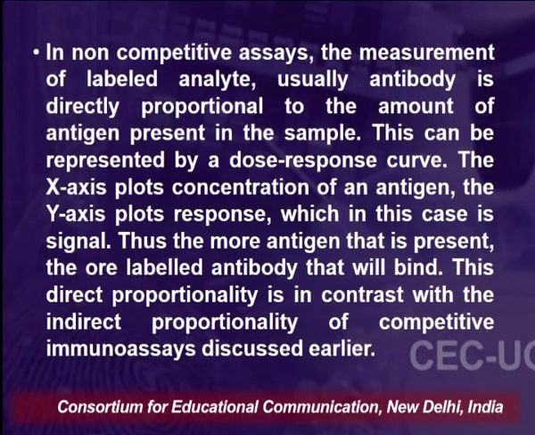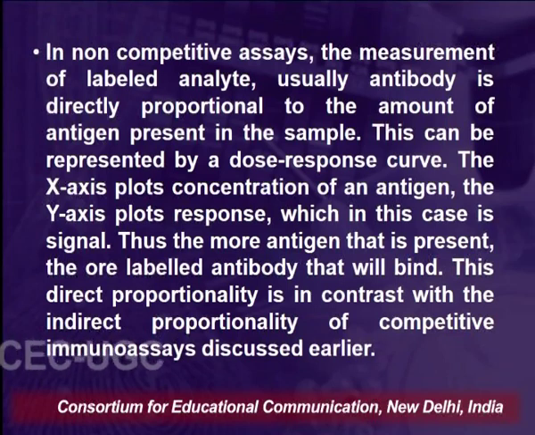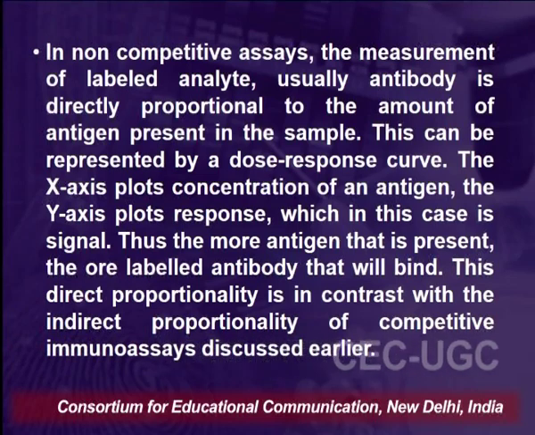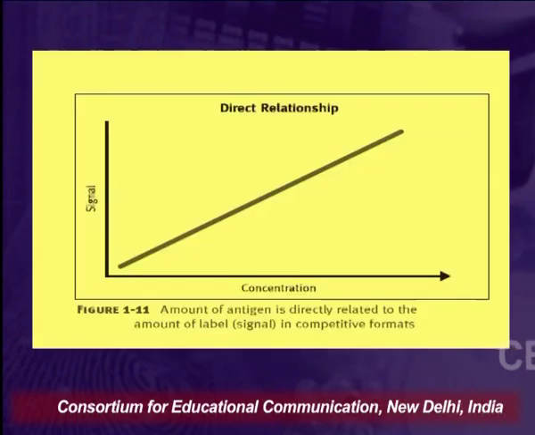In the non-competitive assay, the measurement of the labeled sample or antigen is directly proportional to the amount of antigen present in the body, and it can be represented by a dose response curve. The x-axis shows the concentration of antigen and the y-axis shows the response. So, we can see a direct relationship between the signal and the concentration, that is, how much antigen and antibody is present.